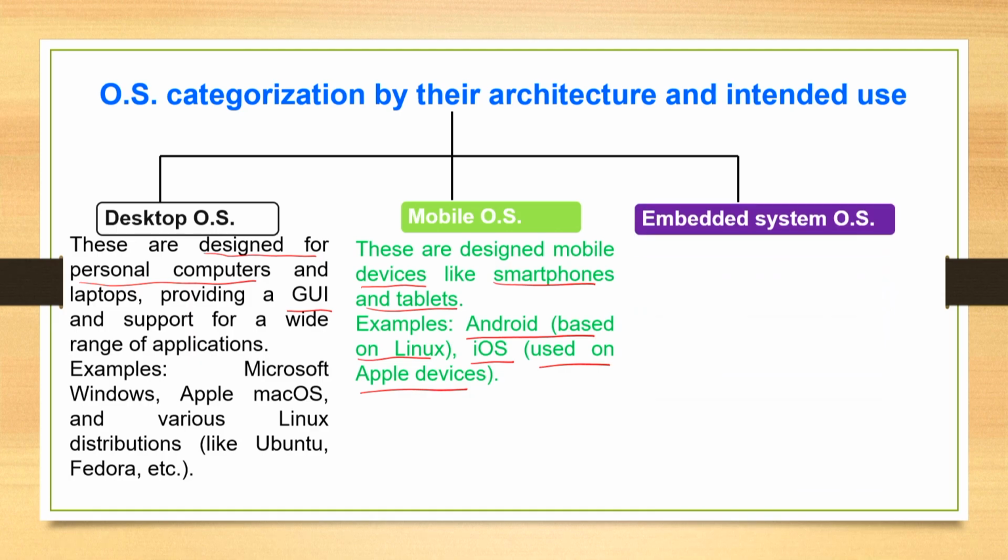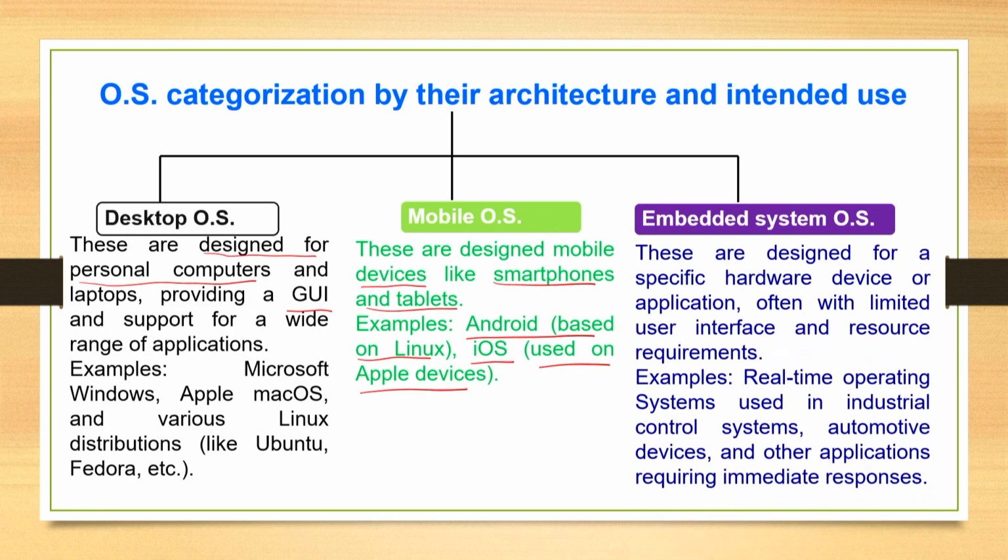Third one is the embedded system. This is an operating system designed for embedded devices, that is, designed for a specific hardware device or application, often with limited user interface and resource requirements. Examples are real-time operating systems, which are used in automotive devices and other applications that require immediate responses, like your digital watch.